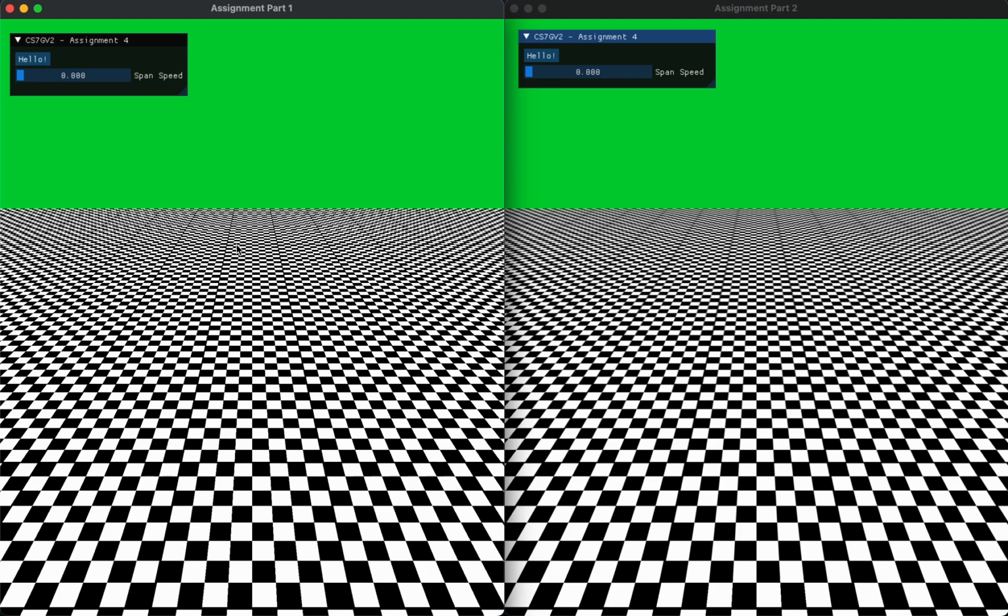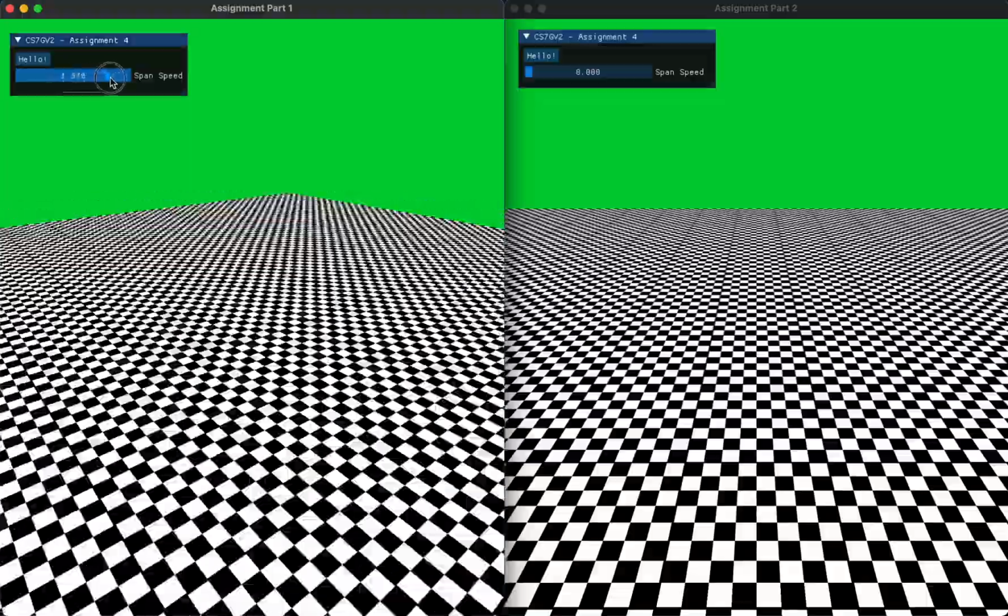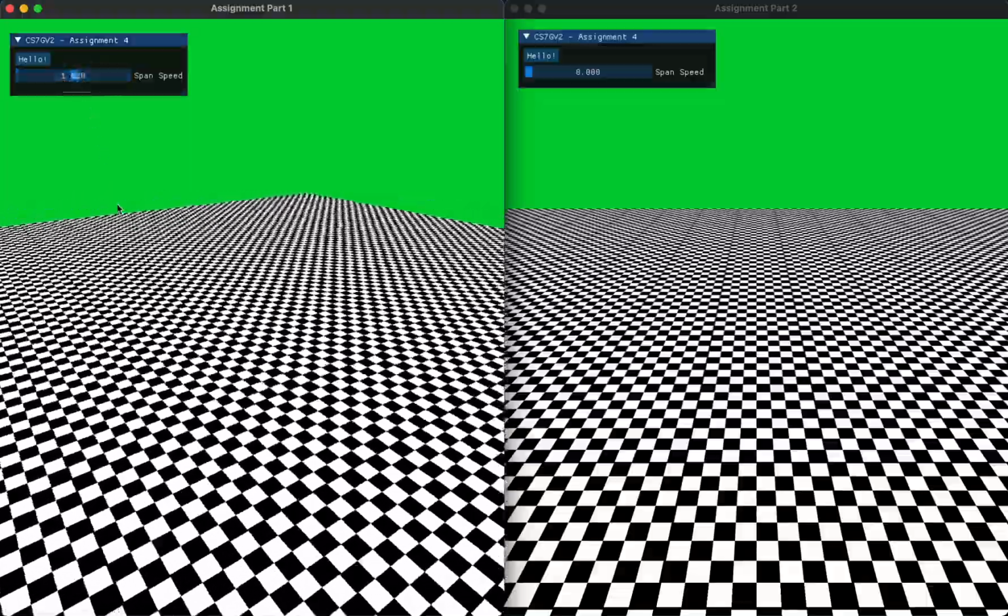You can see even the screen size they take is not the same. It's much bigger here, but the texture they are rendering is actually the same. So mipmapping is to solve this problem when you have an unfit texture to render.